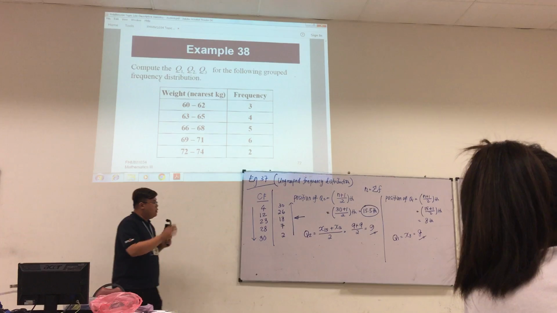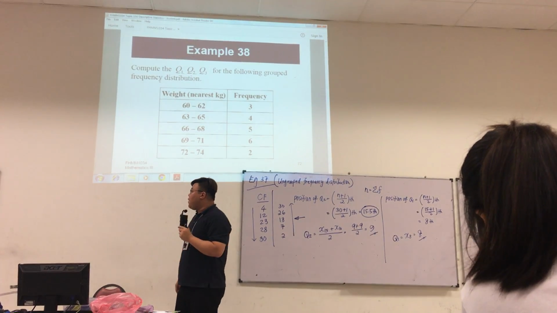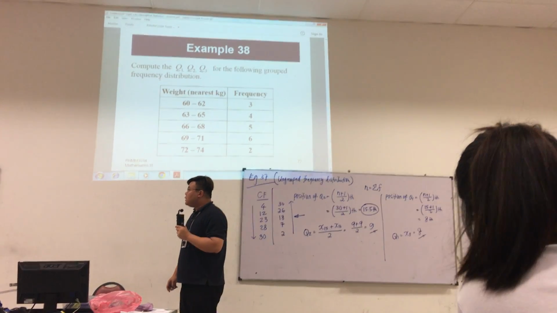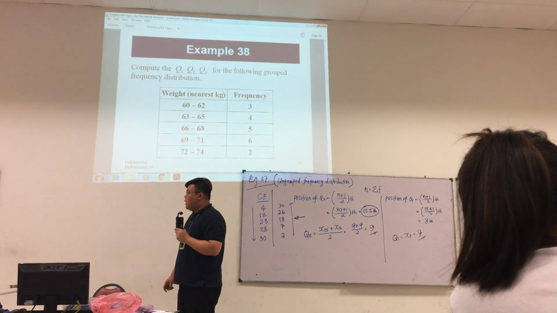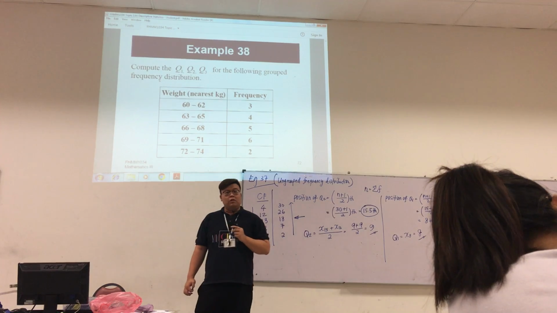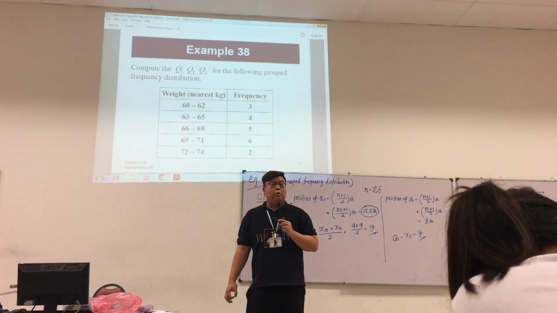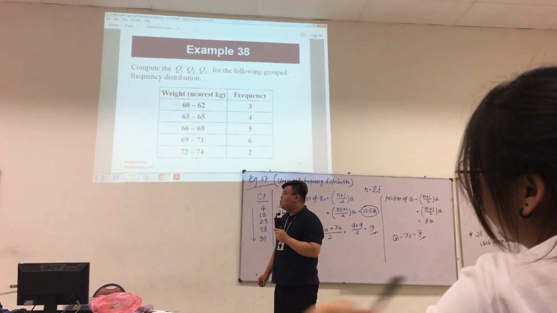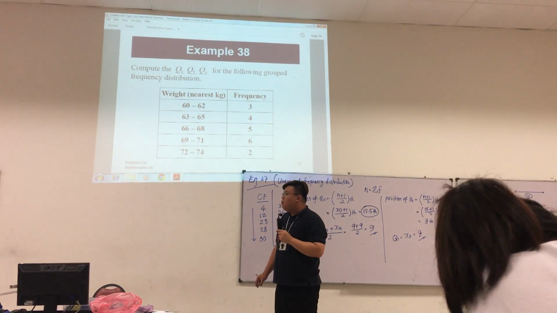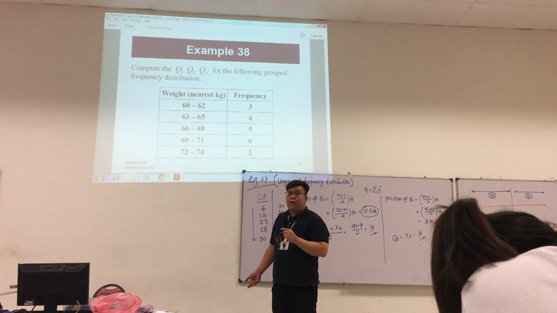Next, after you identify your Q1 class, the next part is identifying whether the data is discrete group data or continuous group data first, because when you find a lower boundary, you will know the shortcut. So this is what we call discrete group data. Therefore, my lower boundary must be in 0.5 form.